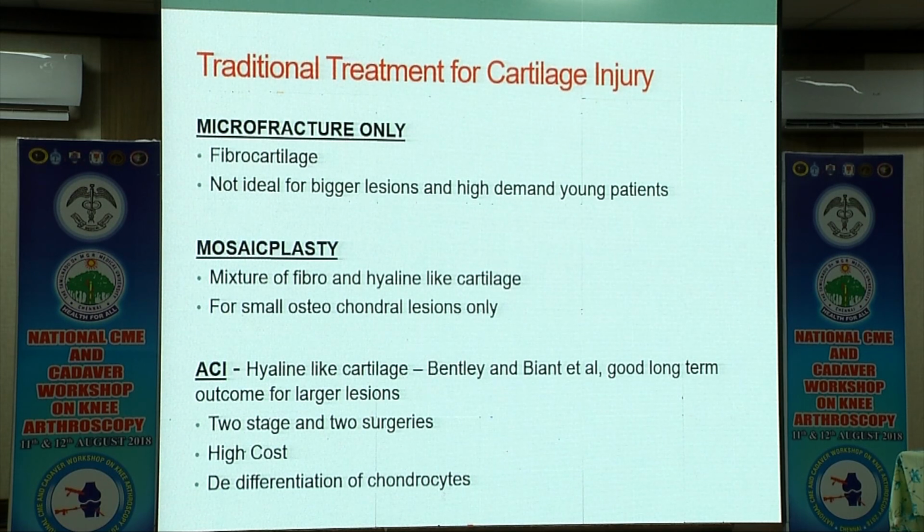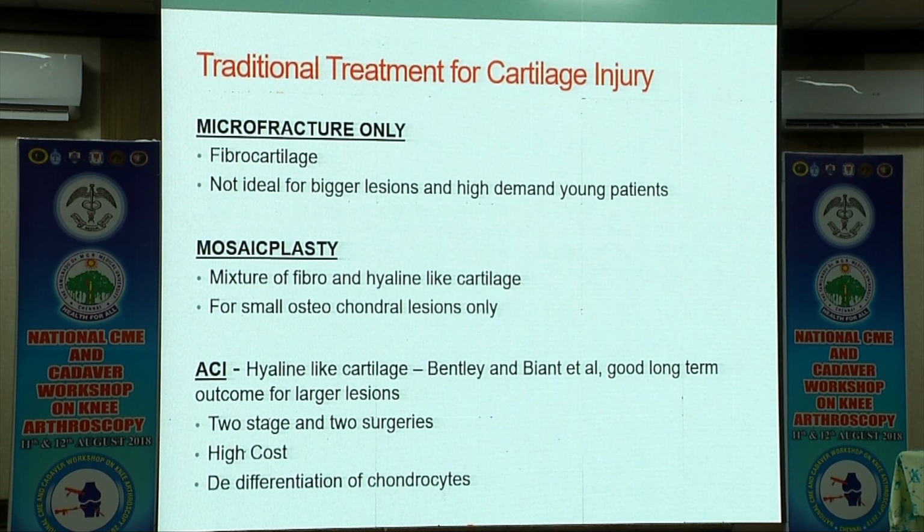The gold standard, introduced about 2 decades back by Swedish and American surgeons, is microfracture. But unfortunately, microfracture alone leads to development of fibrocartilage, which is not an ideal cartilage for the long run, and bigger lesions tend to fail at about 2 to 3 years.